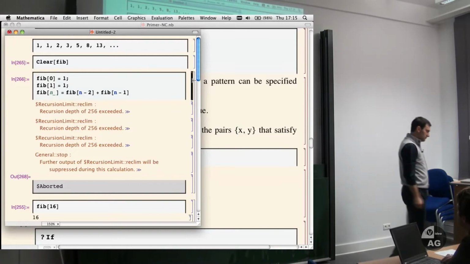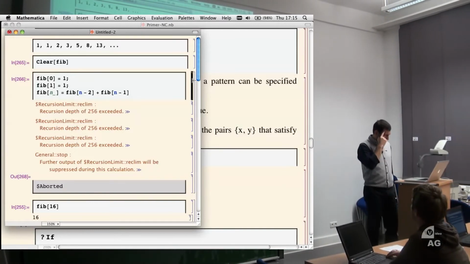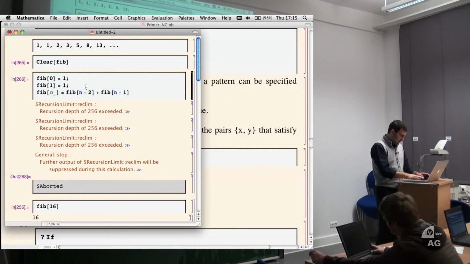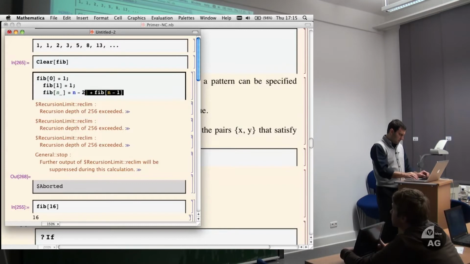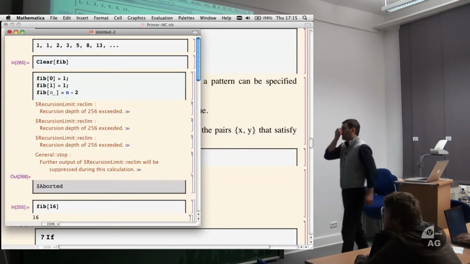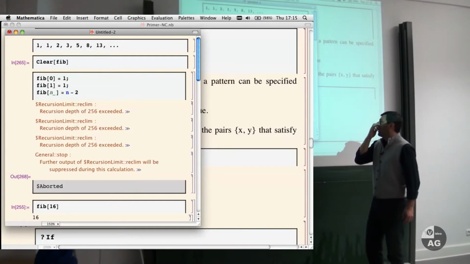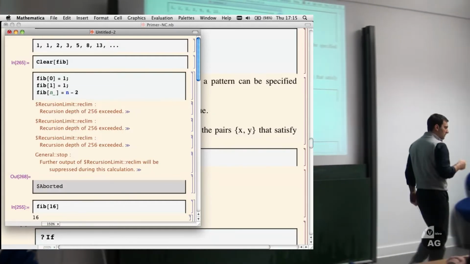I'm not sure that's a good way of programming. It did work for non-recursive functions. So now something like this, it's different. What happens with something like this?